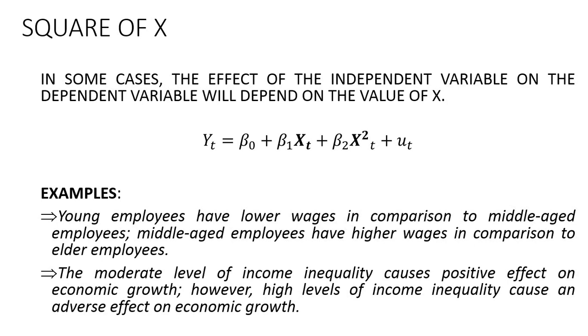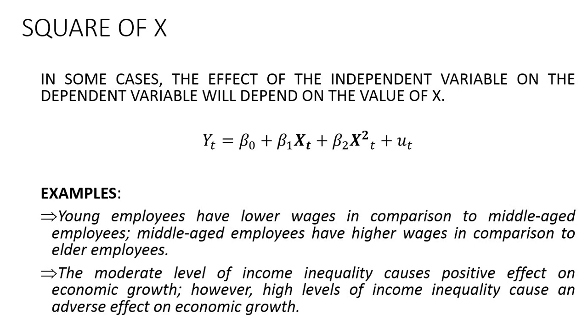So in this case, if you analyze any economic problem and the logic I described here is relevant to your analysis, then you can add the square term of x to the regression model, like here.